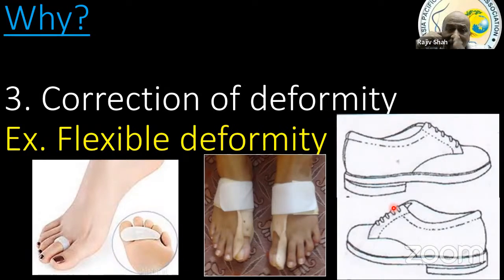But in stage 3 and 4, where the deformity is rigid, you have to use accommodative orthotics. Otherwise, the patient's pain would increase. So you need to know the purpose for which you are using this orthotics. You can even mention in your prescription to the orthotist that I want to correct the deformity.